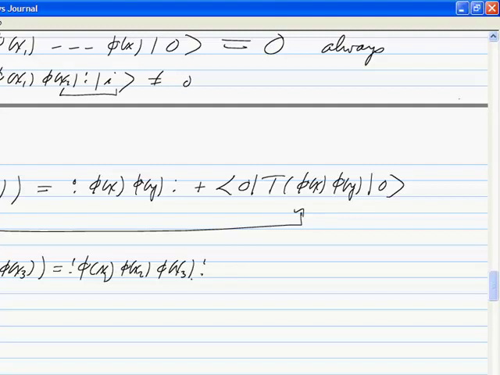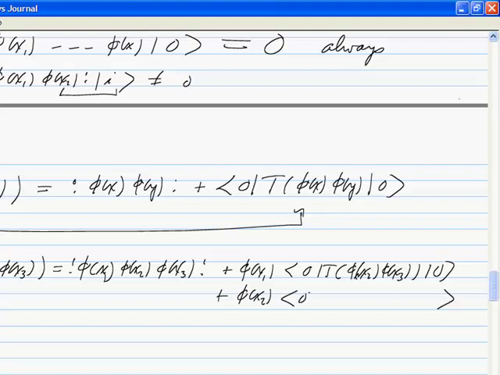So we can normal order it, and then the remaining terms are phi of x1 times the time-ordered product of phi of x2, phi of x3, plus phi of x2 times the time-ordered product of phi of x1, phi of x3.